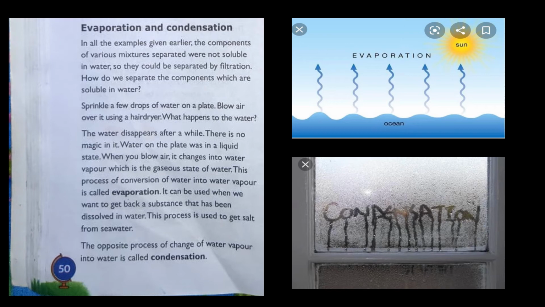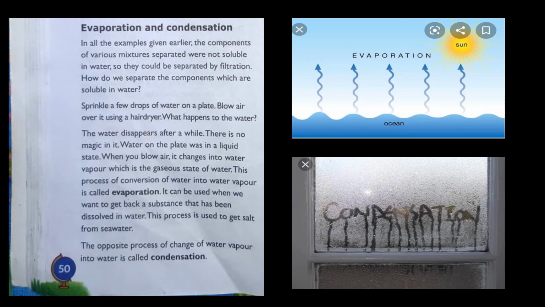That exactly happens in our water cycle, as I have told you many times in school, how a water cycle works. From the rivers or the ponds, because of the temperature, the water particles go up by the process of evaporation. That means from their liquid state they are changing into their gaseous state. This process is known as evaporation.